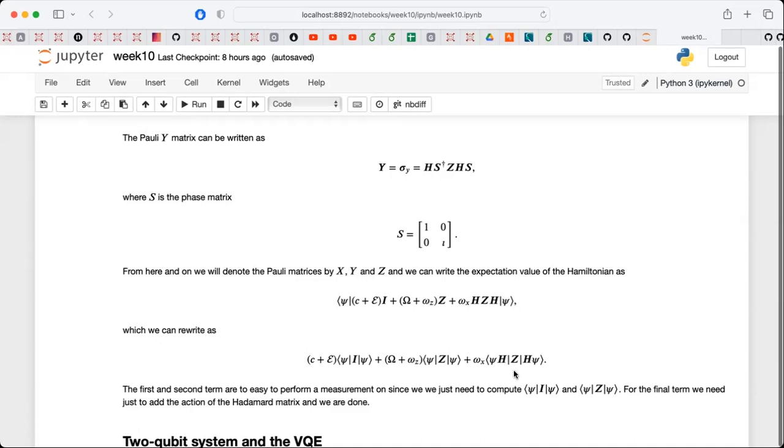So when I act with Z on this linear combination, I just get a constant times the states 0 and 1. So acting with the Hadamard matrix on that state gives simply a linear combination of those states.